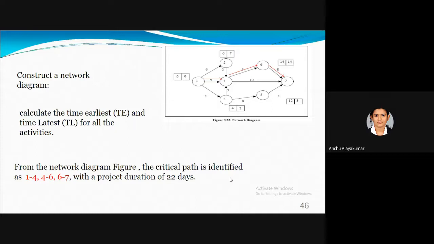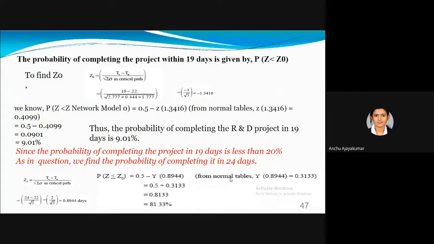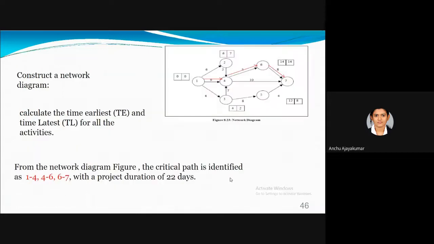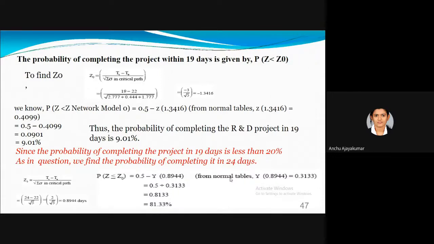So our A part and B part are done. Moving to our C part, the probability part. The first question is the probability of completing in 19 days. In this question we are getting 22 days; we are taking 22 days to complete our project. So what is the probability of completing the project in 19 days, if it is actually done in 22 days?